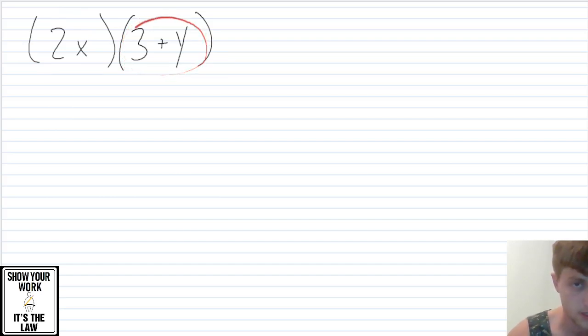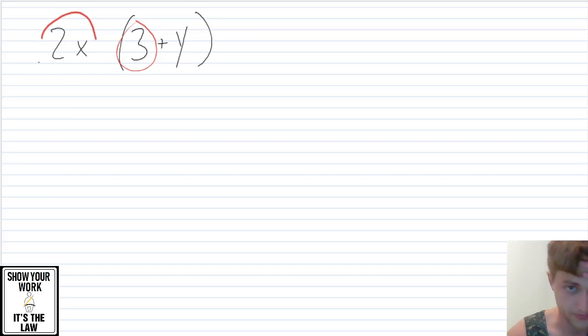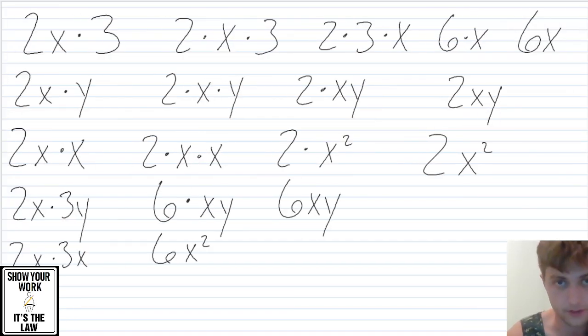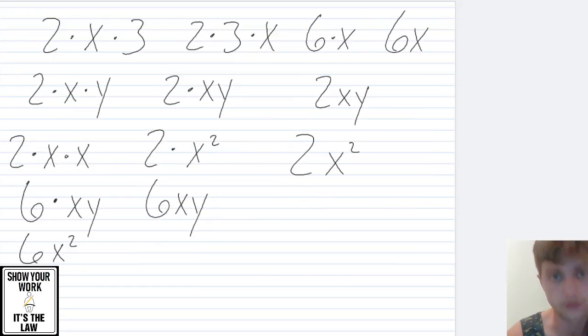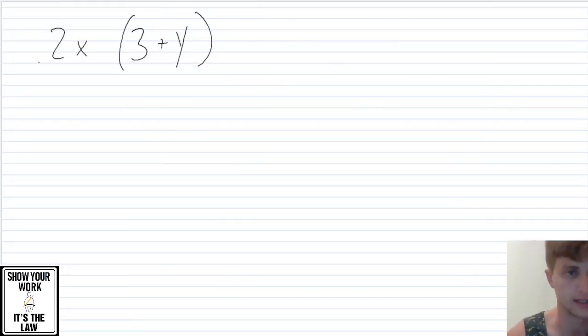Okay, so how do we do this? Well, first of all, you might recognize that we have distribution going because we have something on the outside being multiplied through parentheses. So you know how distribution works. That just means we multiply 2x times 3 and 2x times positive y. And based on everything we just broke down, you know how to do each of those separately.